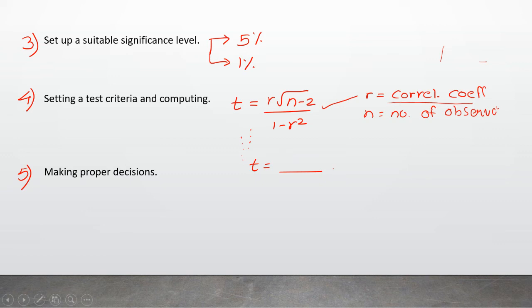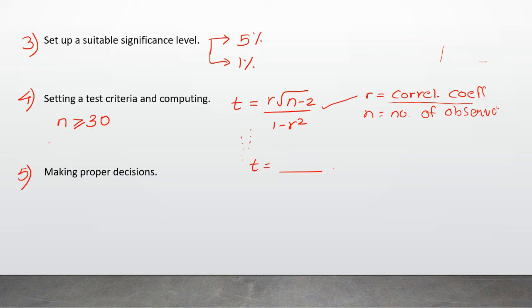Okay, now this was for the smaller samples. When a large sample comes into picture, and large sample means when the number of observations, the sample size n, is greater than 30, it is regarded as a large sample.